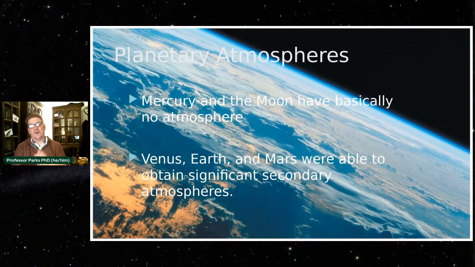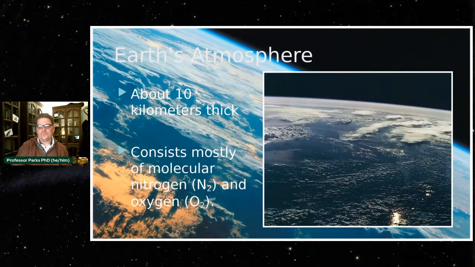Mars has a significant-ish atmosphere, significant enough that the daytime sky is in fact a solid color as opposed to being black, but it is again pretty tenuous. Venus obviously has the thickest atmosphere of all the terrestrial worlds, and obviously we're all hopefully fairly familiar with the density and thickness of the Earth's atmosphere.